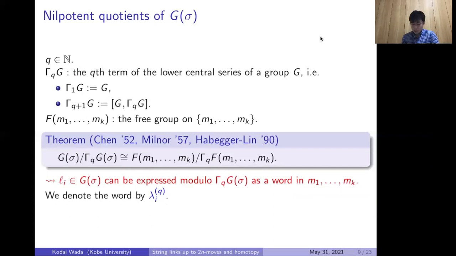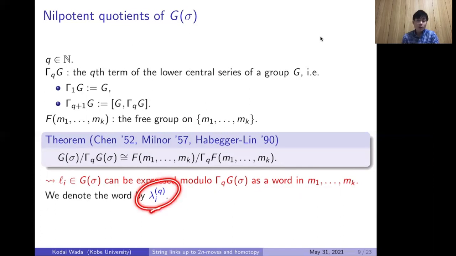We denote this word by lambda i q. Mu invariants are obtained from the information of this word lambda i q.